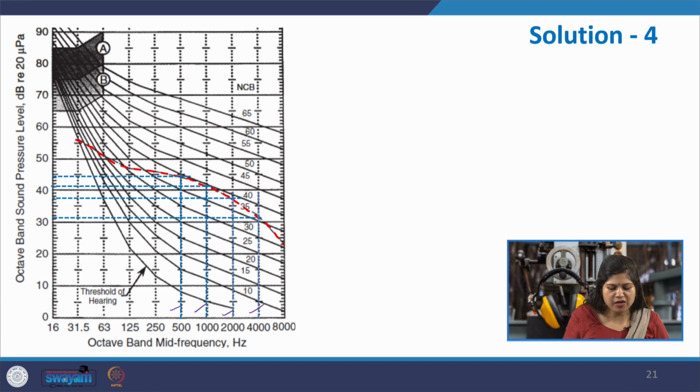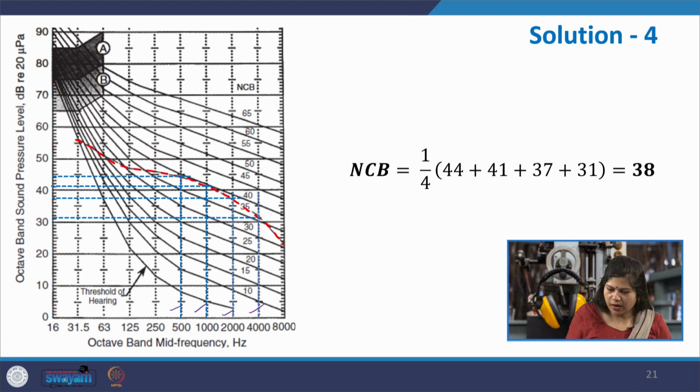At 500 it has a decibel level close to, I think, 44 dB. At 1000 it is close to 41, at 2000 close to 37, and at 4000 close to 31.